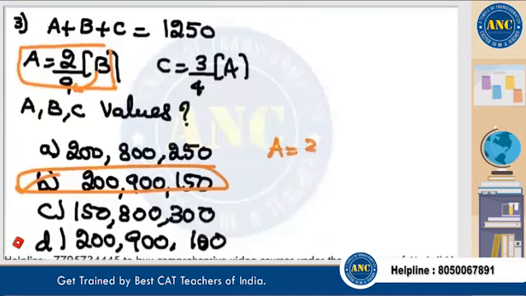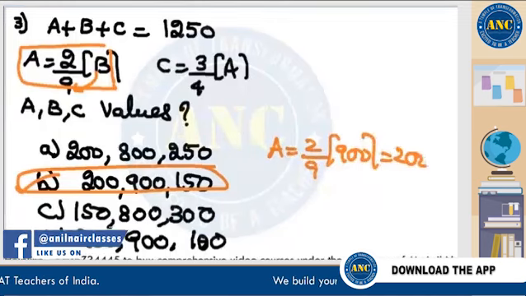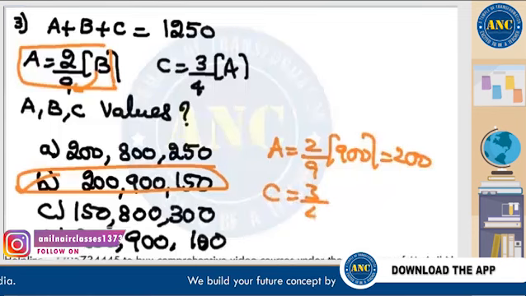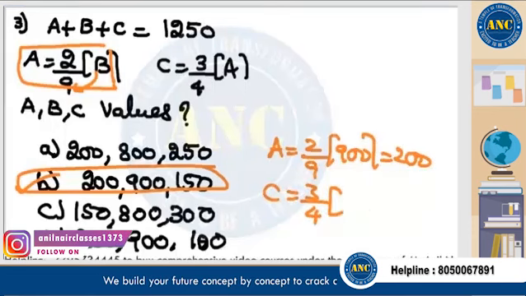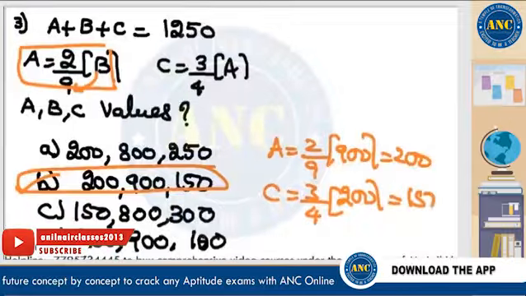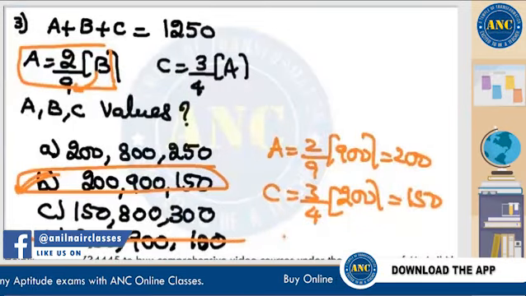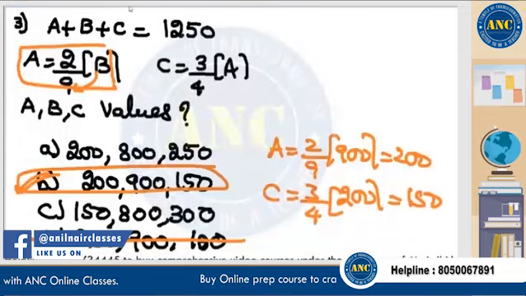A will be 2 by 9 of 900, which is nothing but 200. C is 3/4 of 200, which is 150. 200, 900, 150. This cannot be the answer. Sum should be 1250.